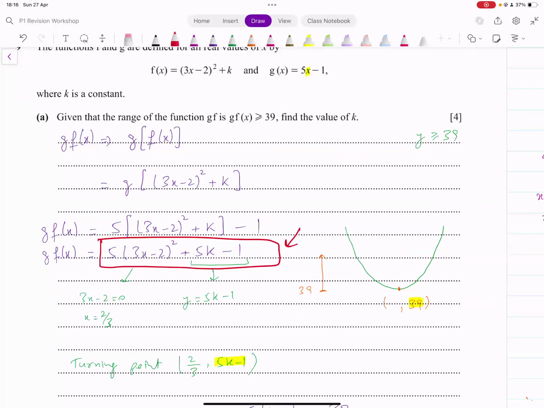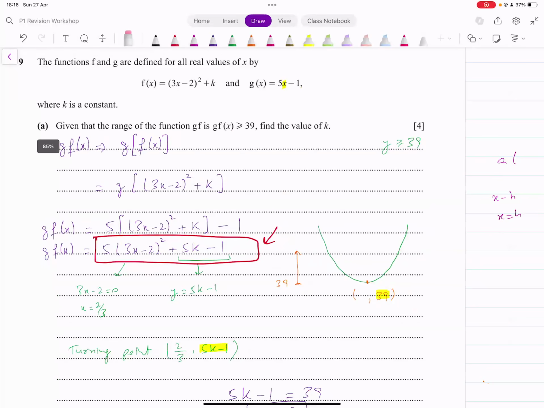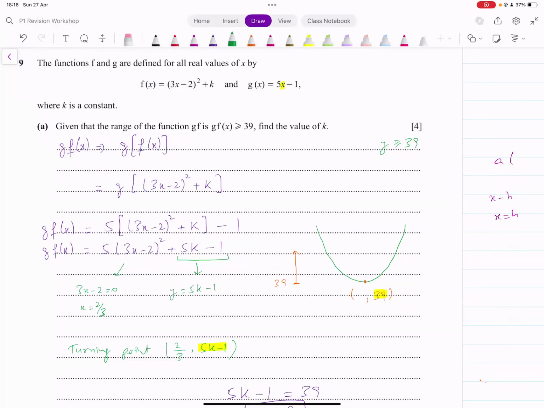Now, they are saying the range of the function is greater than or equal to 39. So what's the range of the function from this? The number that's written outside, that's 5k minus 1. That's the y coordinate of the turning point.